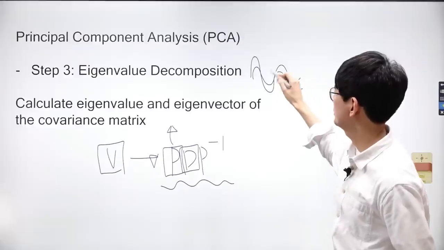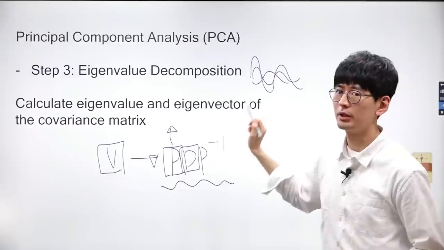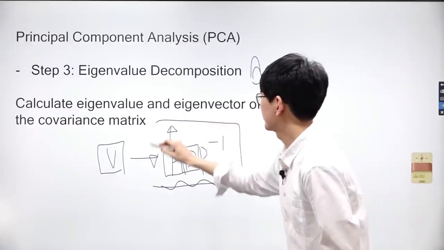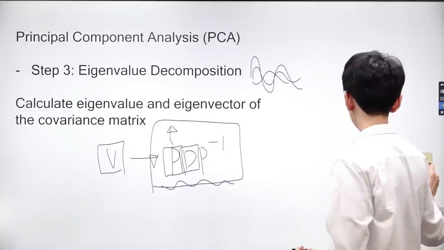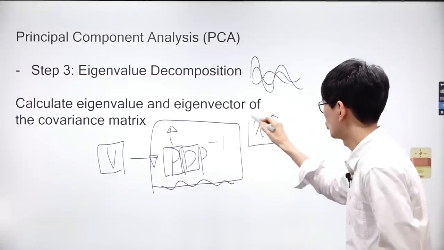As mentioned earlier, we can identify pairs of data that exhibit similar patterns using the covariance matrix. Using the eigenvalues from matrix D, we can determine which data is important and which is not.